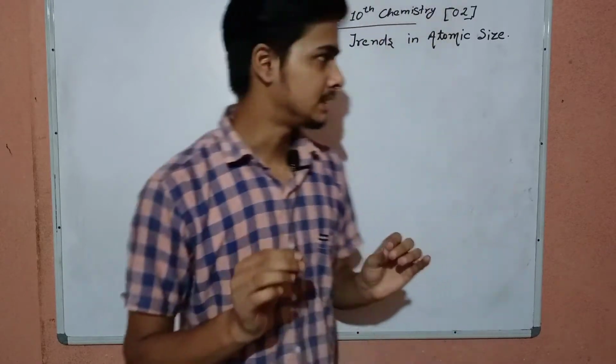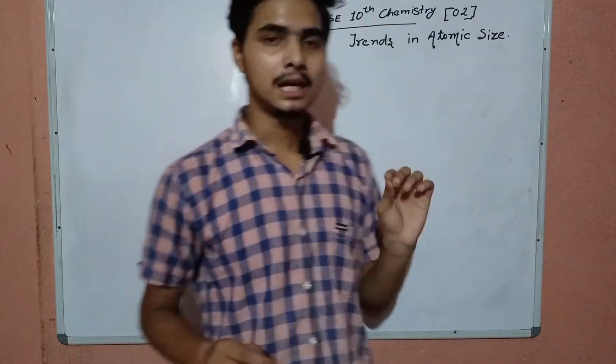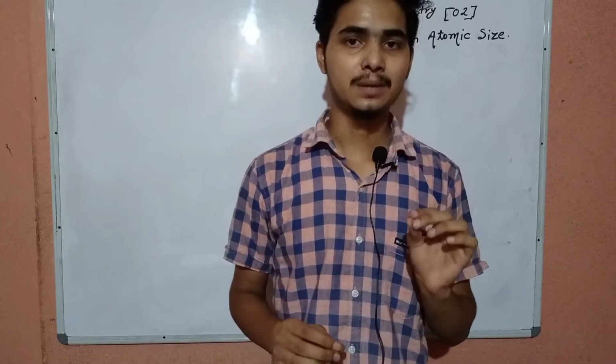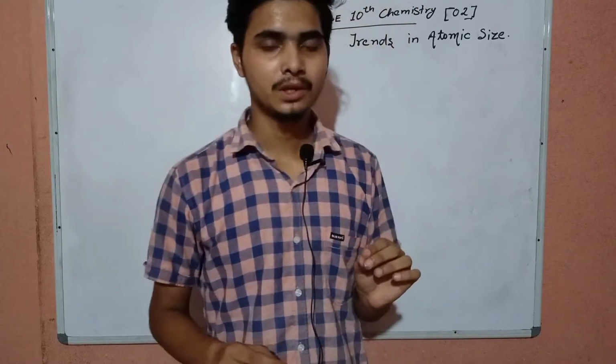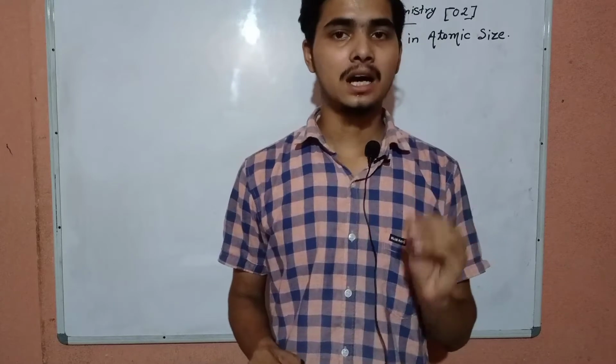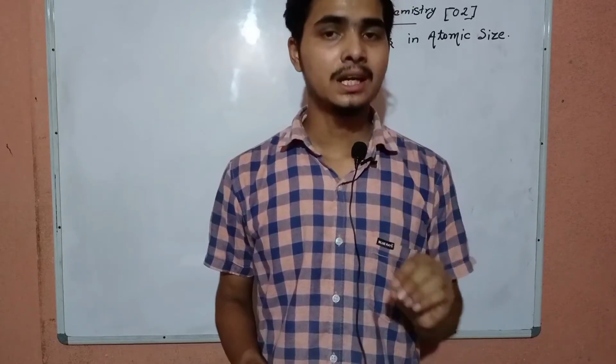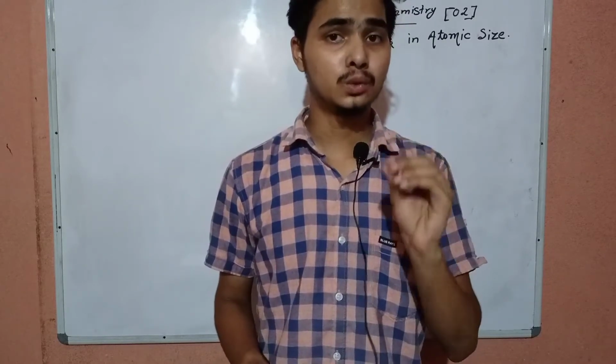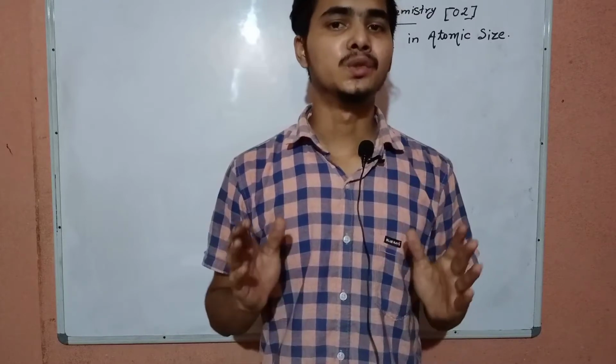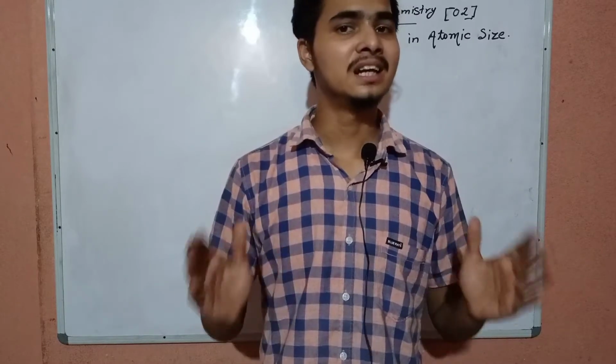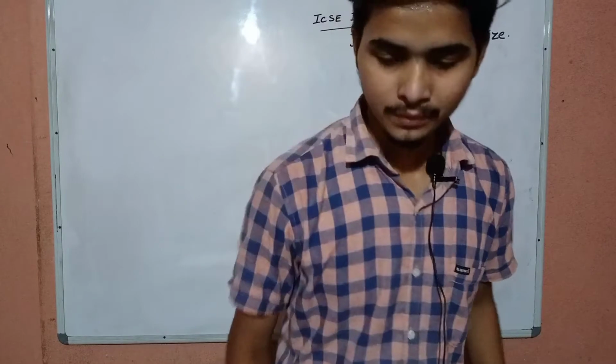Basically our today's agenda is trends in atomic size. Trends in atomic size, and this is very interesting. Okay, and mainly ICSE asks this trend in two ways, and we are also going to see what the two ways are. So first of all let's start this topic.